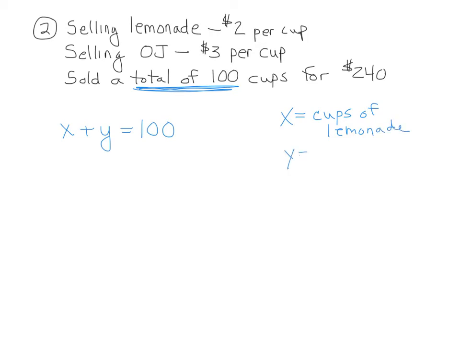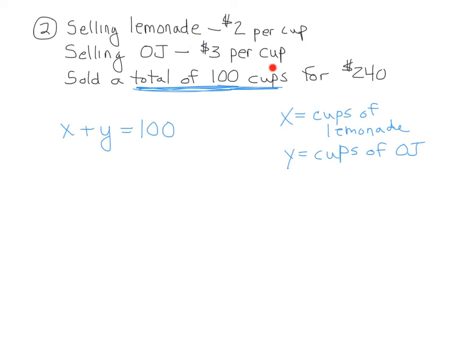And Y is going to stand for cups of orange juice. Okay, so a total of 100 cups, that's where I'm getting X plus Y total, means it adds up. If you total up everything you add is 100.